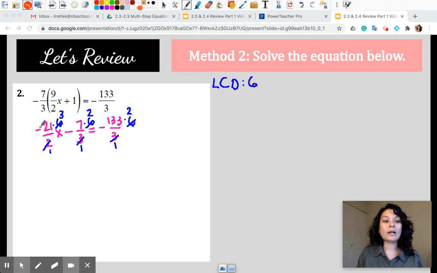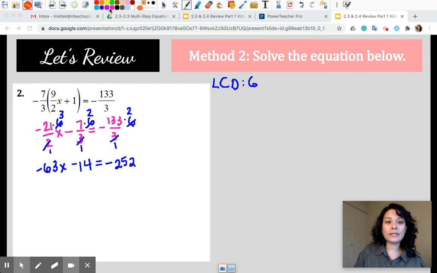So in this case, I've got negative 21, and I'm just going to multiply it with 3, and that is going to give me negative 63x. I'm going to multiply this negative 7 with this 2. That's going to give me negative 14. And then I'm going to multiply negative 133 with 2, and that's going to give me negative 252.